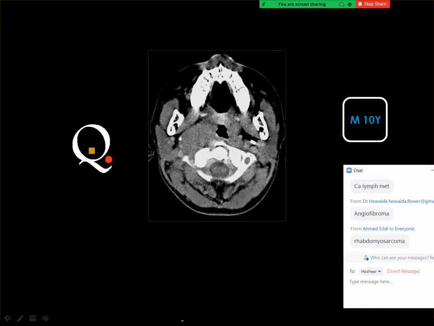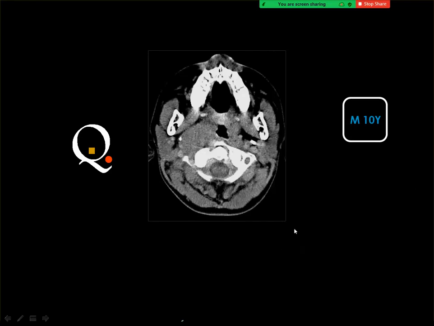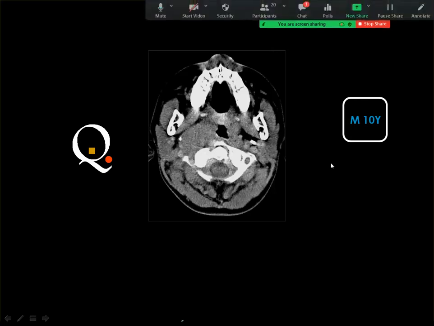But initially, you should number one know that because of the smoking at a very young age nowadays, patients may develop nasopharyngeal carcinoma and oropharyngeal carcinoma in a younger age than we used to see.